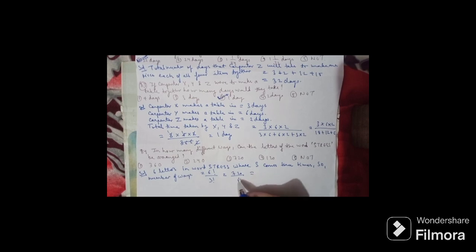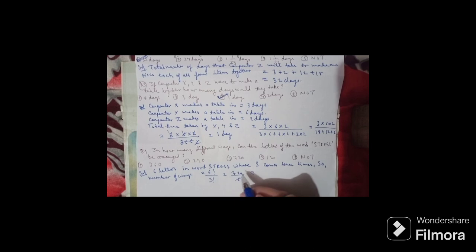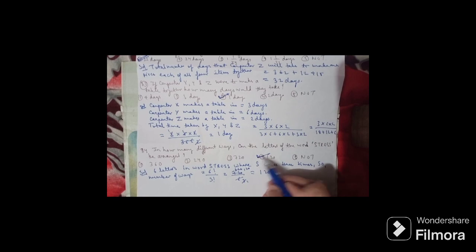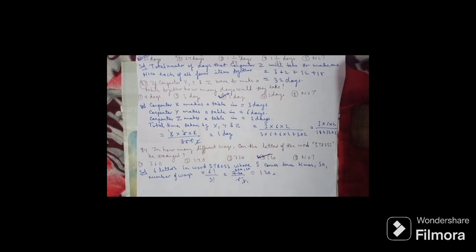That is 2 3s are 6, 2 6s are 12, 3 1s are 3, 3 2s are 6 and 0. So 120 will be the right answer, and that is option 4 for this question here.